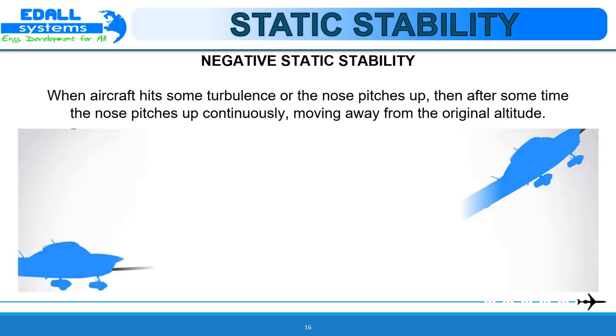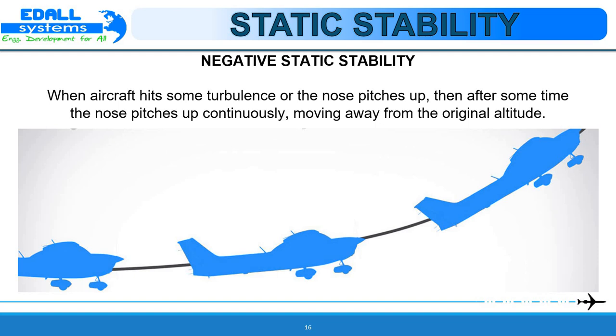Negative static stability. Finally, an aircraft that has negative static stability tends to continue moving away from its original attitude when it's disturbed. For example, if we hit turbulence and our nose pitches up, then immediately continues pitching up, our aeroplane has negative static stability. For most aircraft, this is a very undesirable thing.